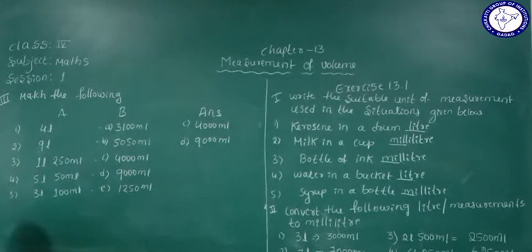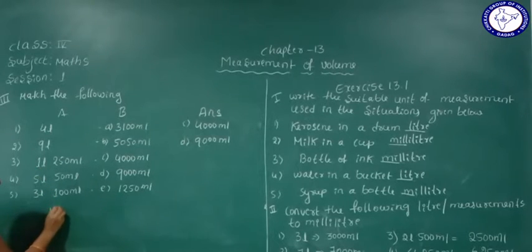Okay. Next one, here see 1 liter 250 ml. The 250 ml stays the same, leave it. So only 1 liter we will be converting into milliliter. 1 liter means here how much? 1000 milliliter.